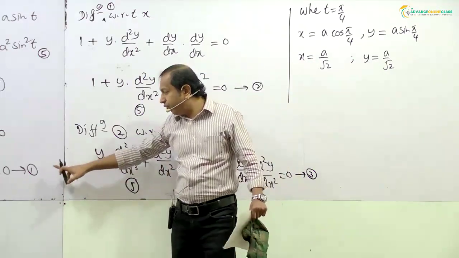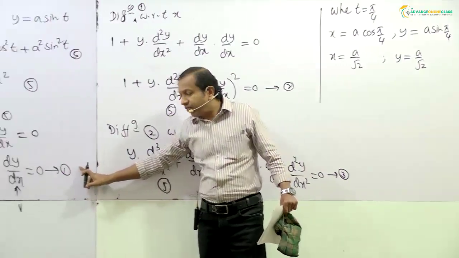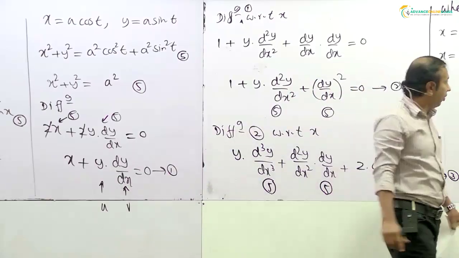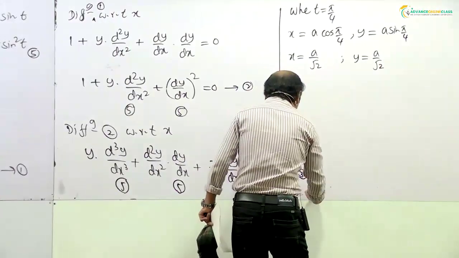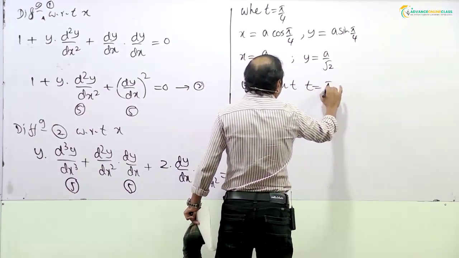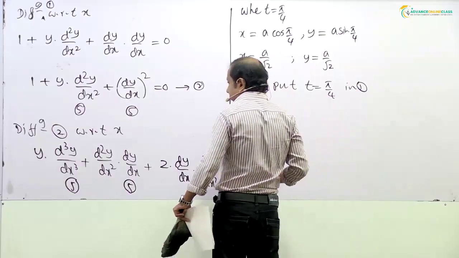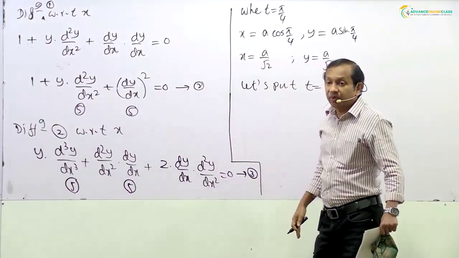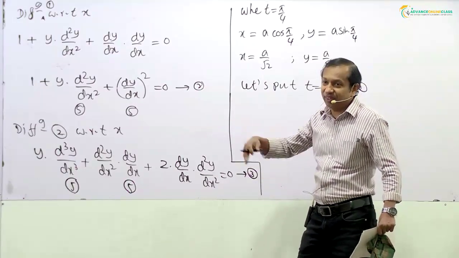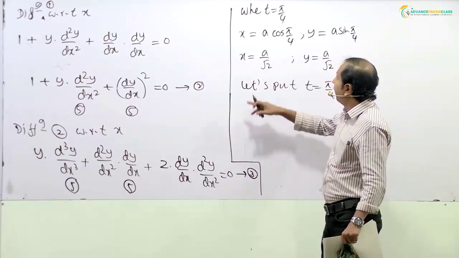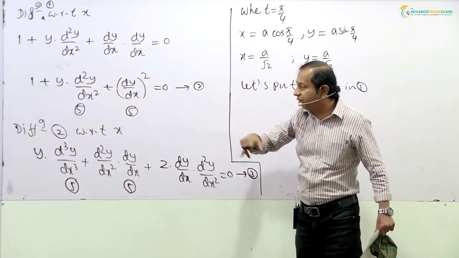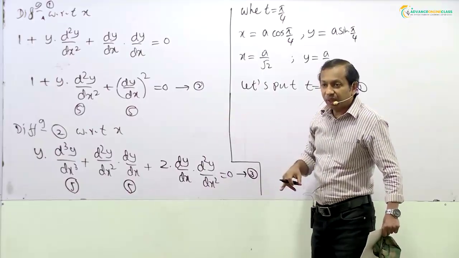Now we use number 1. Using number 1, we substitute t equals pi by 4. But we don't see the letter t available, but the letter x is available. We know when t equals pi by 4, x is a over root 2, and y also is a over root 2.